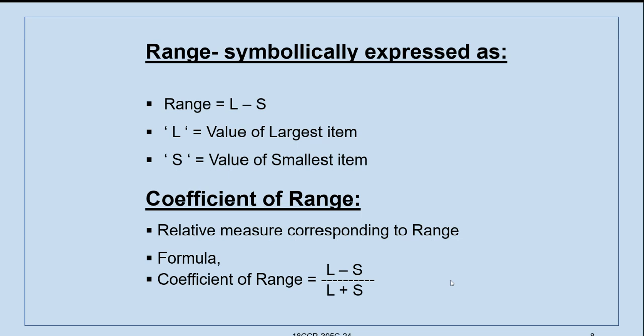So relative measure coefficient of range is calculated by taking the ratio of L minus S by L plus S. That means dividing L minus S by L plus S.